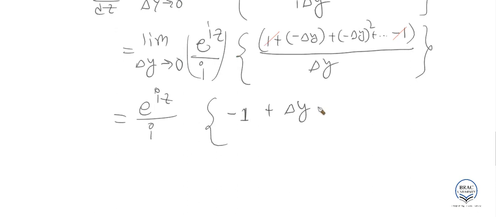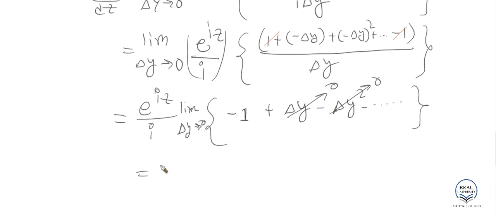And the third term would be minus del y squared. Yeah, it should be minus del y squared because there is a minus del y cube that gives you a minus del y cube divided by del y, so it's just a minus del y squared and higher order powers of this. And what was the limit we're considering? That limit del y goes to 0, right? So all of this will go away.